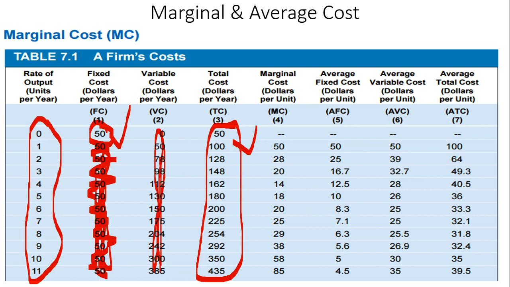So we should be getting the difference between the total cost and the fixed cost. Why? Because total cost comes from two factors: the fixed cost plus the variable cost. So they know that if we have the total cost, finding variable cost will not be a problem, given that we also have the fixed cost.